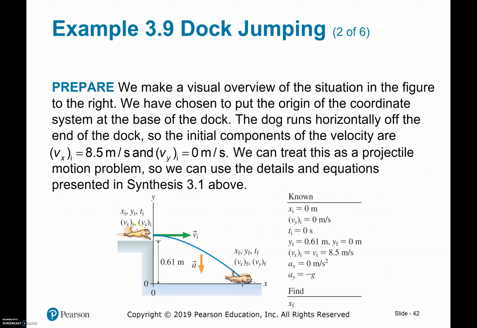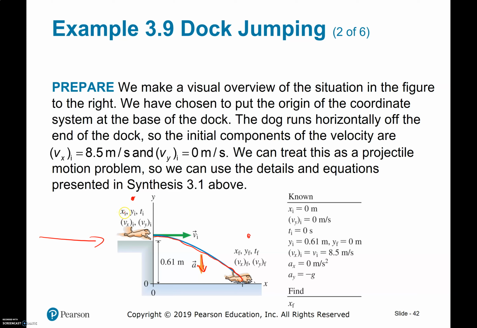So this is the picture here. The dog is coming running this way, and it jumps. It has this initial velocity, which is just a horizontal velocity. And it's going to have this motion here, which is a projectile motion. The acceleration is the acceleration of gravity, minus g. So here we have the initial state and the final state.